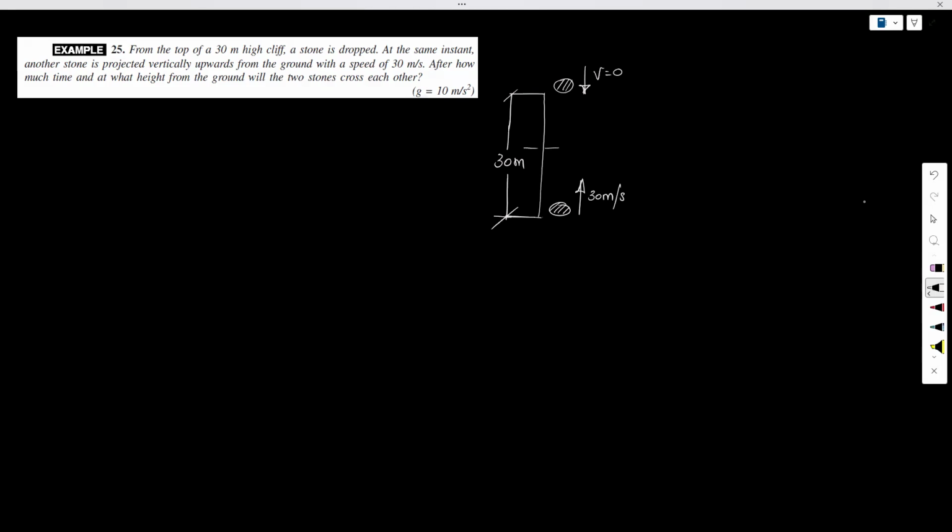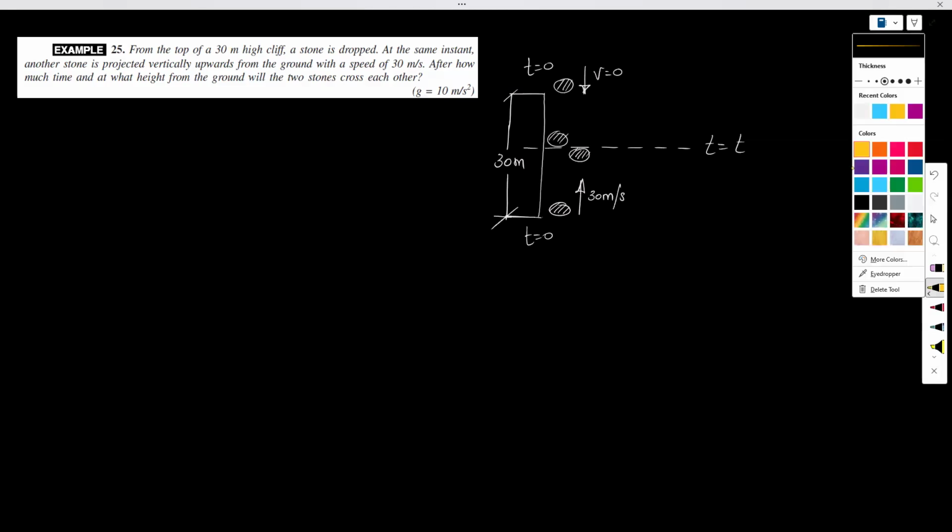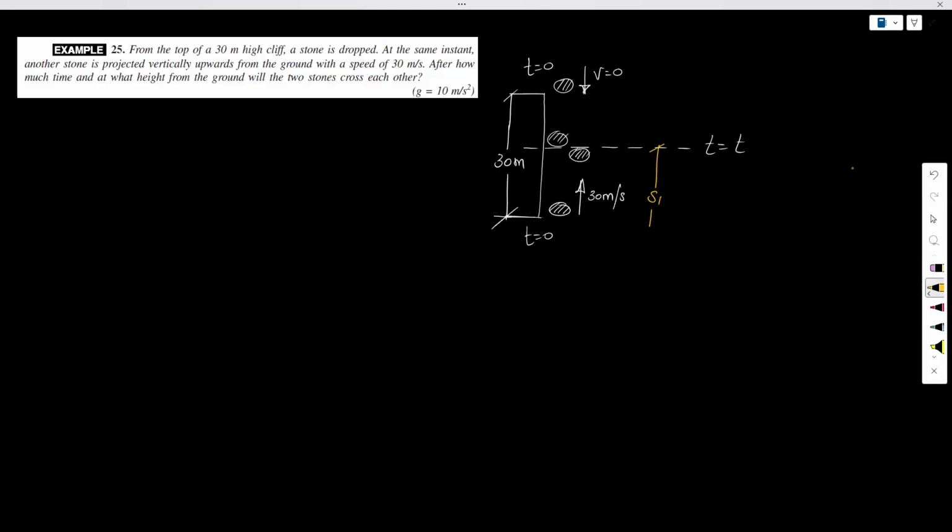Let's assume that they are crossing each other at time t, and this one was allowed to fall at t equals 0, and this one was also projected at t equals 0. So they are crossing each other at time t. Let's consider that this has undergone a displacement s1 and this has undergone a displacement s2 during the period t.